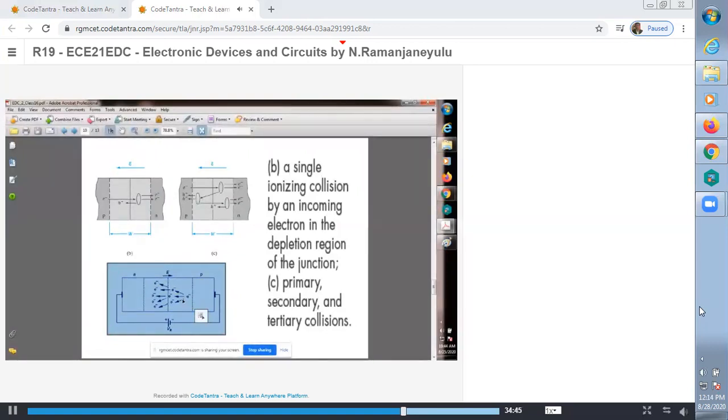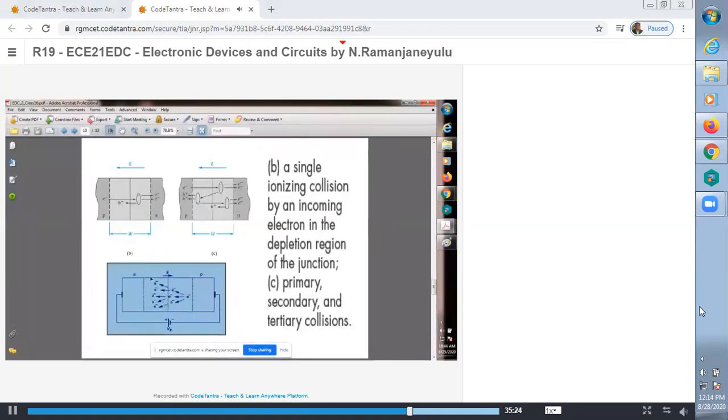Like that, a huge number of charge carriers cross the junction. In both cases, current flows through minority carriers only. On the P side the minority carriers are electrons, and electrons cross to the N side. Similarly, N side holes go towards the P side. This type of process is called avalanche multiplication.